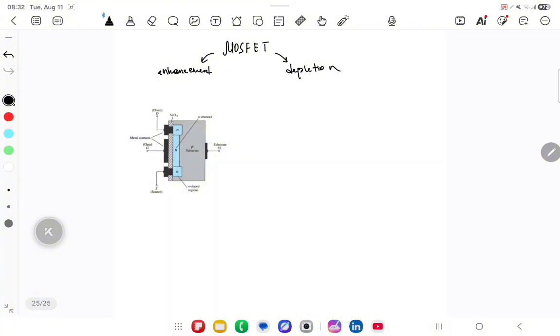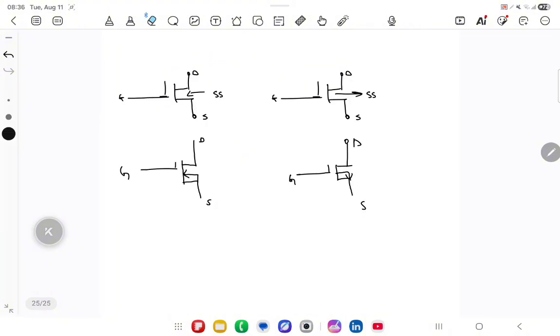In a depletion MOSFET, there is already a channel, but in an enhancement one, there is no channel and it is created throughout the process. Whereas in a depletion one, it is rather reduced in size by applying a gate voltage of proper polarity, okay?